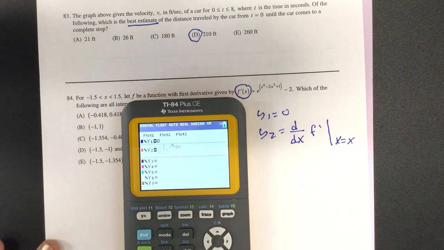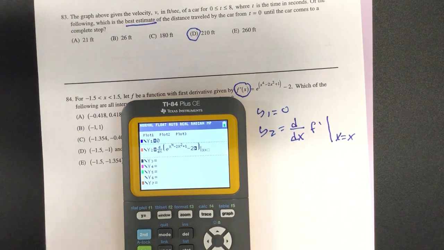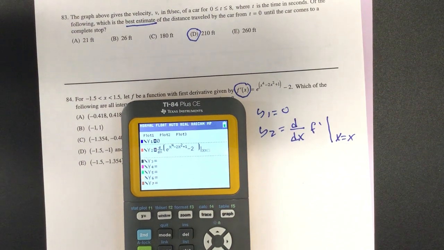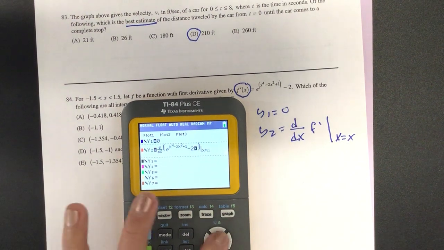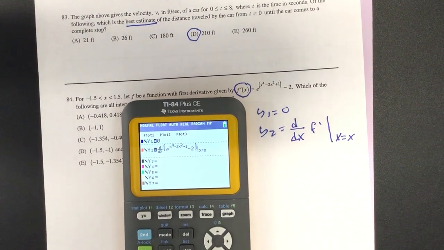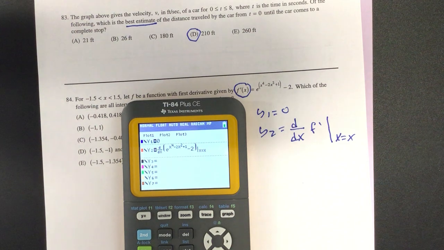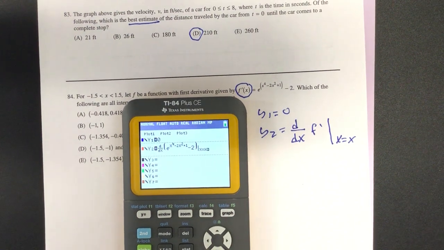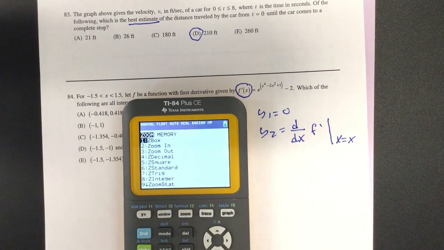And then we have plus 1. So let's see, that's good. And I'm going to put x on there. It's going to calculate whatever value we're intersecting. And let's go to, it was already at Zoom 6.